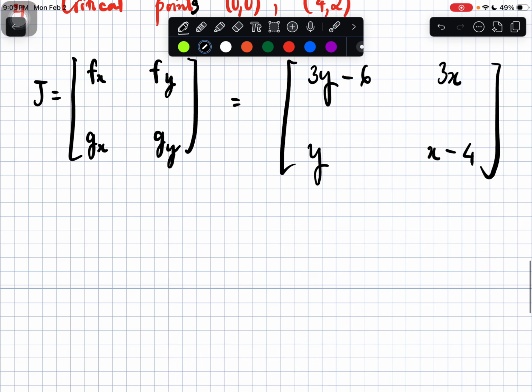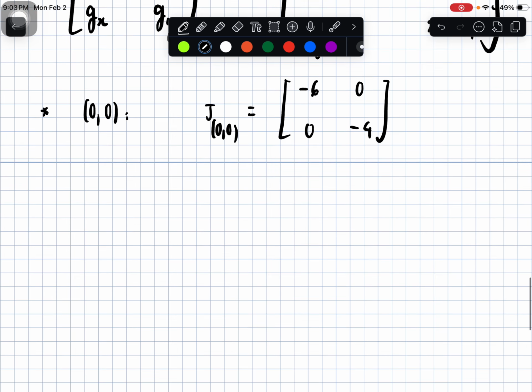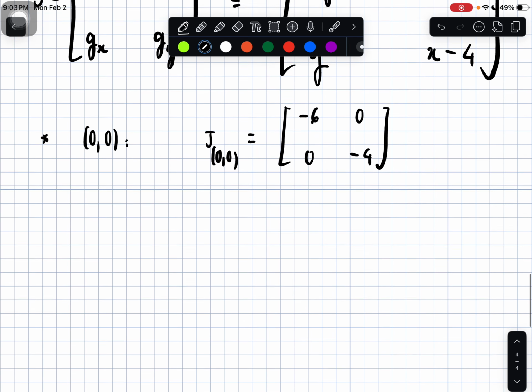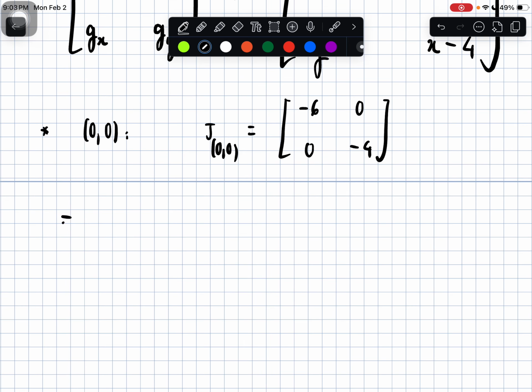Now we look at the critical point (0, 0). The Jacobian matrix at (0, 0) is [-6, 0; 0, -4]. So we have two eigenvalues, both negative: lambda 1 is minus 6 and lambda 2 is minus 4.